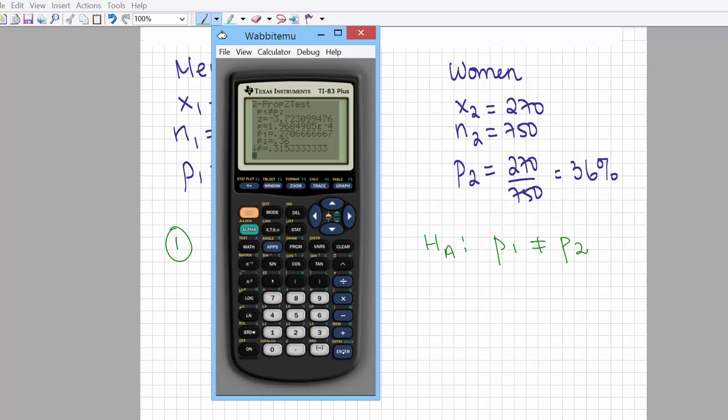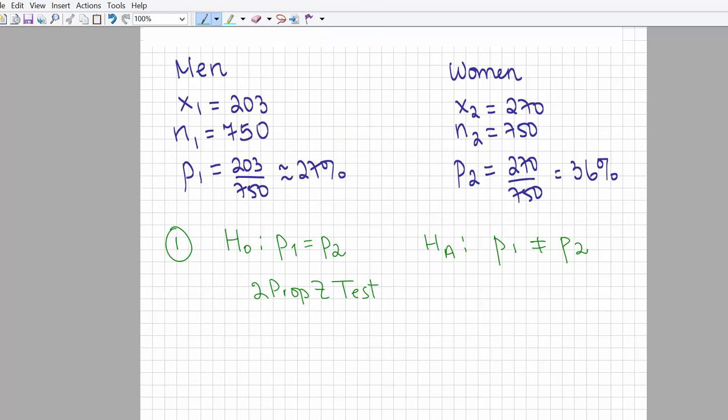Our p-value is 0.000197. Let's call it that. That's a very small p-value.